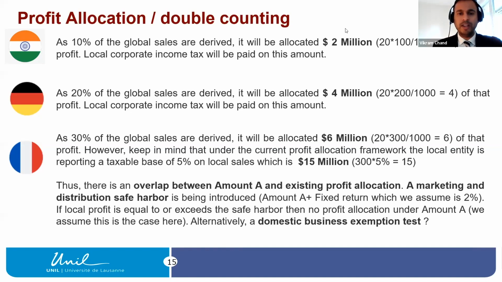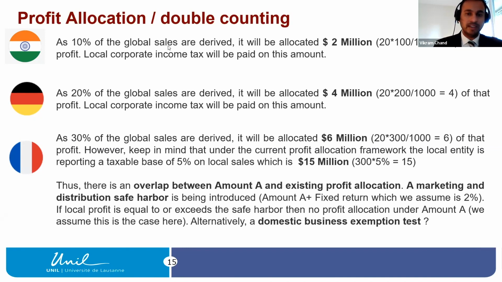So to avoid this overlap, a marketing and distribution safe harbor is being introduced. Now this safe harbor works on a calculation, which would be Amount A plus a fixed return on local sales. If the local profit under the current system is equal to or exceeds the marketing and distribution safe harbor, then no profit allocation under Amount A is being contemplated in France.